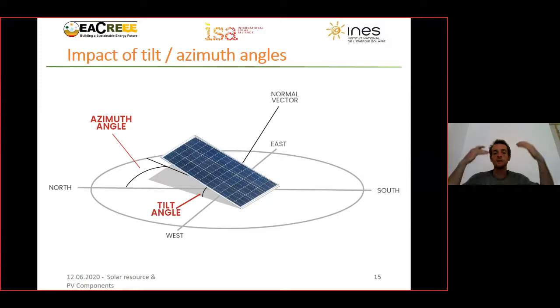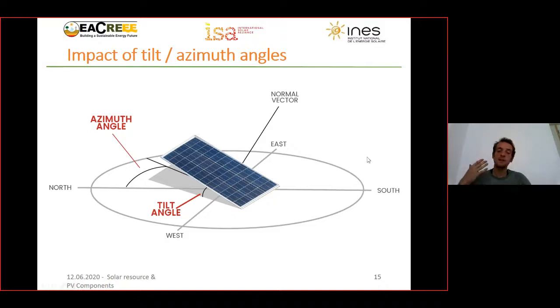If you are in the northern hemisphere, you will need to face the sun over the day, so you will need to have an azimuth angle facing south, of course. And it's the other way around if you are managing a project in the southern hemisphere, for instance in Cape Town, South Africa. For this site, of course, you need to face the sun, so you need to have an azimuth angle facing north this time. This was for azimuth angles.